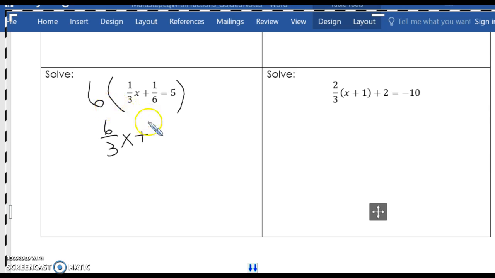And 1/6 times 6 becomes 6/6. And 5 times 6 is 30. Then our fractions reduce. 6 divided by 3 is 2. 6 divided by 6 is 1.